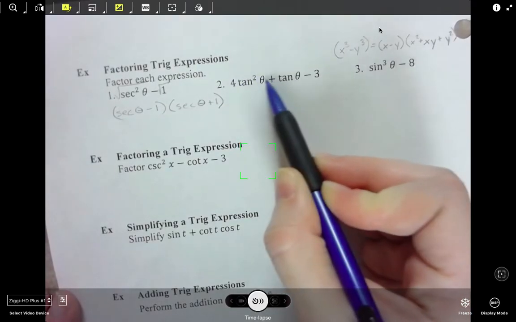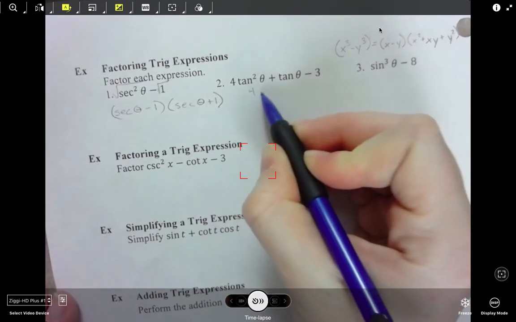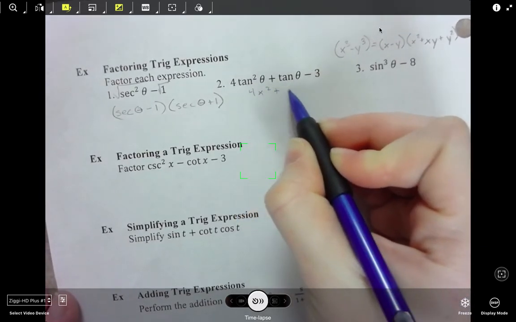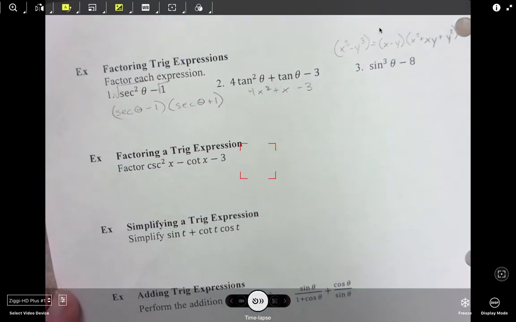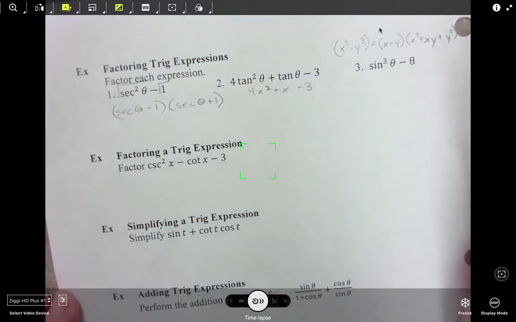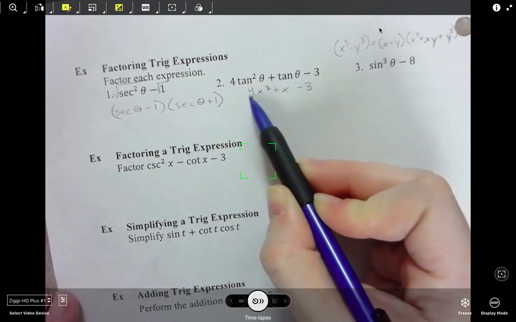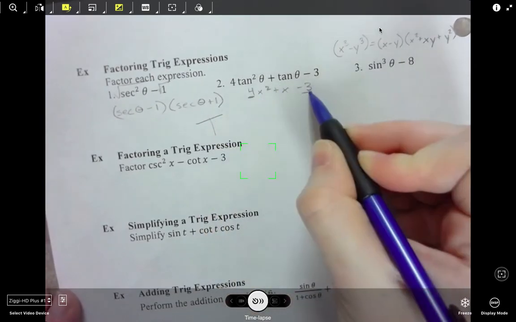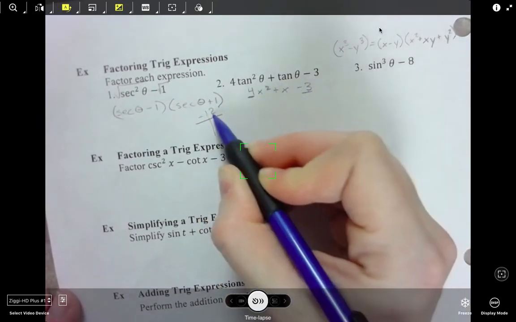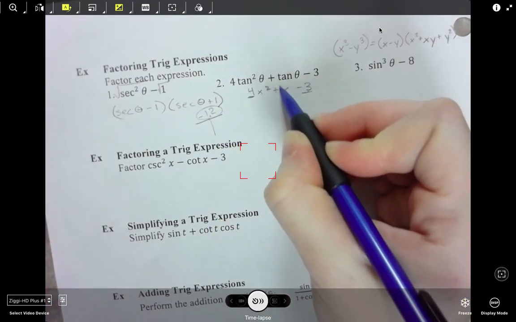4 tangent squared theta plus tangent theta minus 3. It might help you to think of this as 4x squared plus x minus 3. Let's just treat it like they're x's, okay? And this is a complex trinomial, which means we're going to have to use factor by grouping. So we look at the 4 and the negative 3. 4 times negative 3 is negative 12, and I want to find two numbers that I can multiply together to give me negative 12, but when I add them, give me a positive 1.